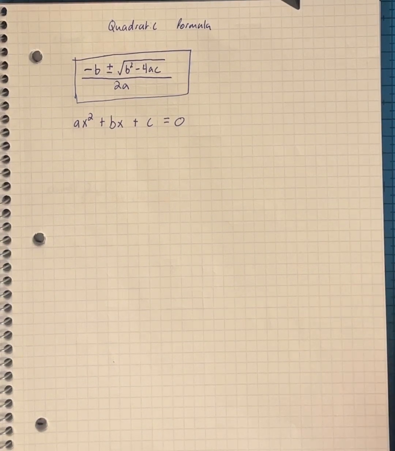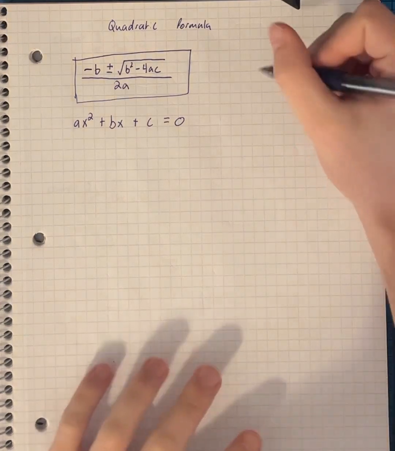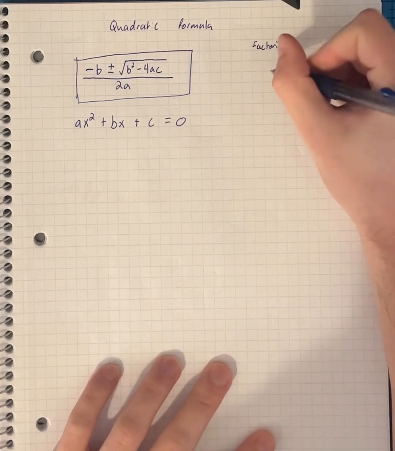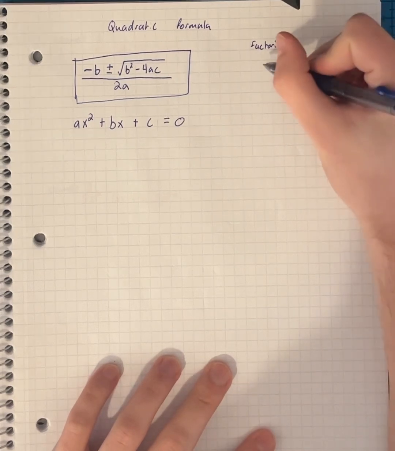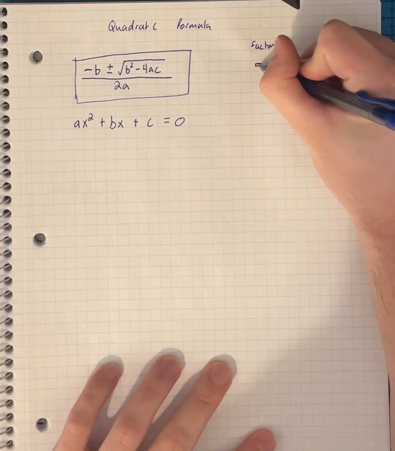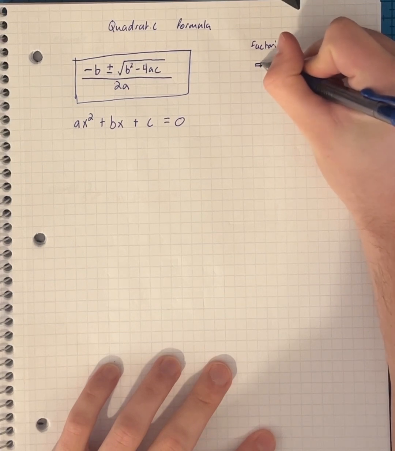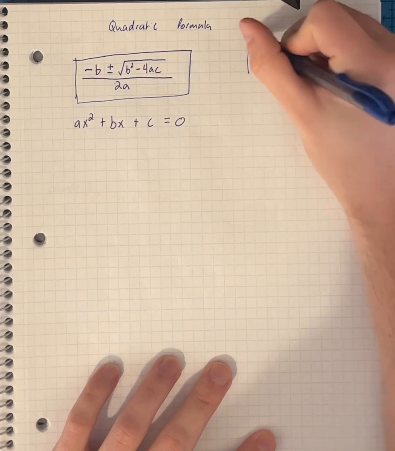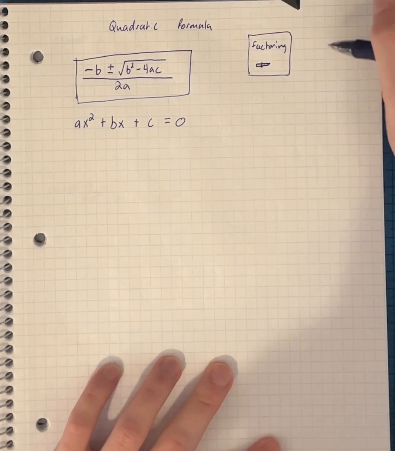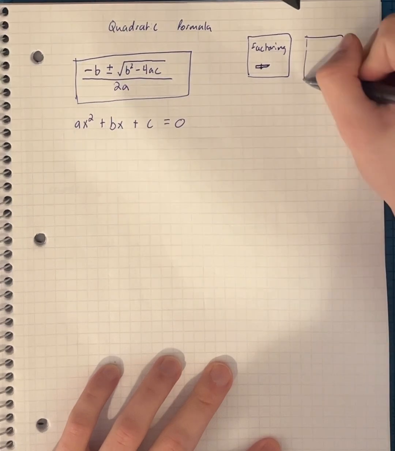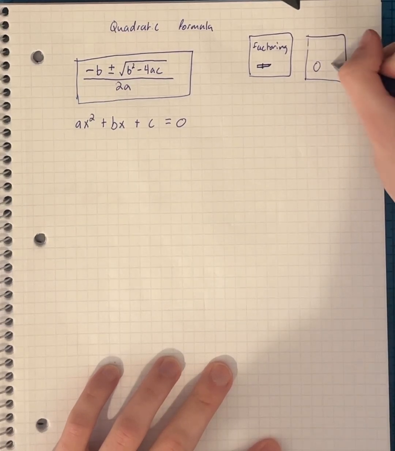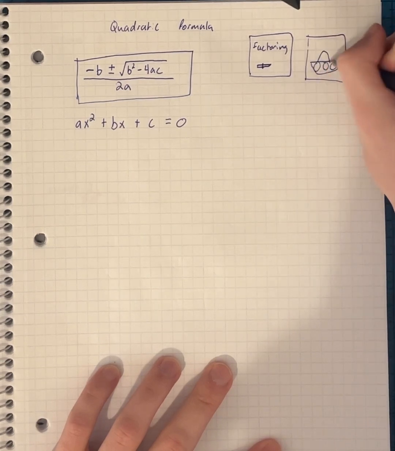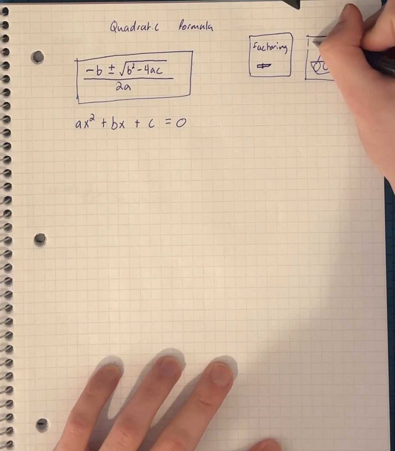If factoring was like a small dagger that you bring into a fight, the quadratic formula is essentially a giant cannon or a tank that rolls in and just destroys everything, right? This is the quadratic formula.